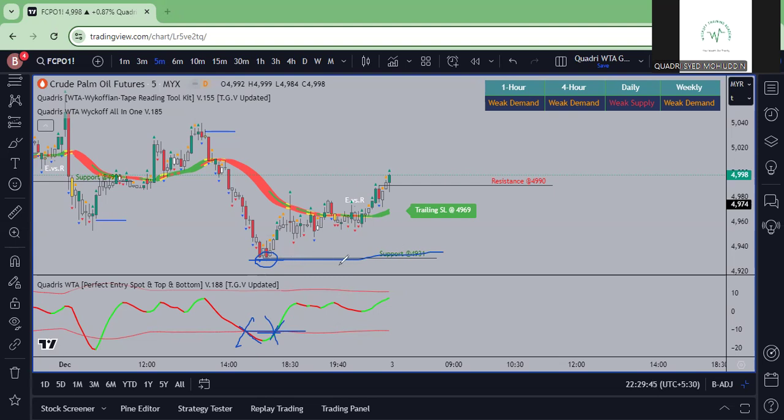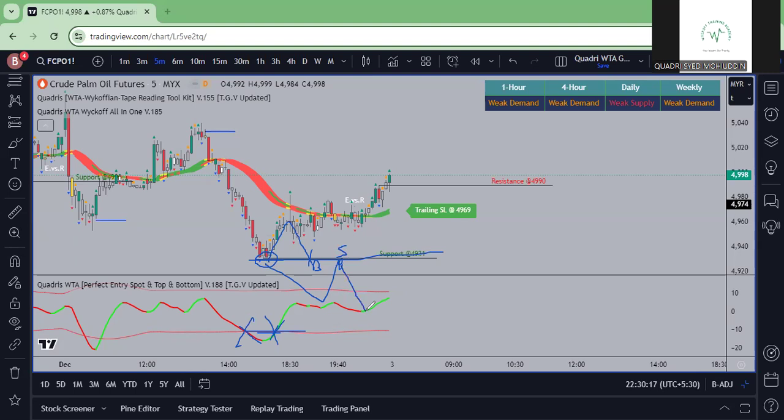What we are expecting out of this bottom is for price to come back and test, and then we would initiate a buy trade. If this is case one, the second case is price will break, come back, and test this level, and we will sell over here.